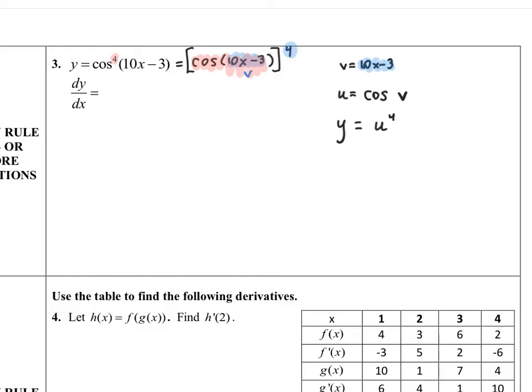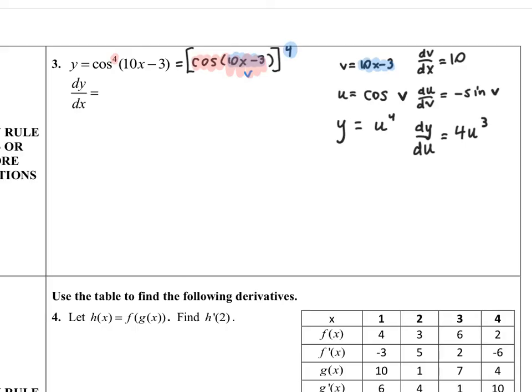And the next thing I'm going to do is find the derivative of each one of these with respect to the variables that appear within them. So here's all my derivatives. Derivative of v with respect to its variable x is just a 10. Derivative of u with respect to its variable v is negative sine of v. And y equals u to the fourth, so dy du, with respect to u, is just 4u cubed.